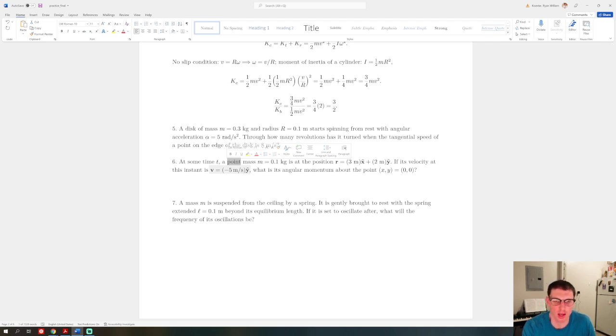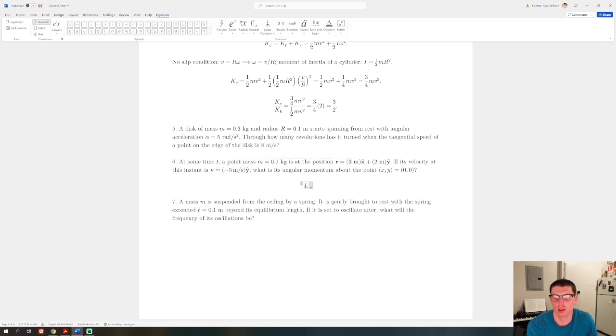It'll just be the orbital angular momentum. So we can say L equals r cross p, or well, r cross mv, right? Which p is just the linear momentum. This is a vector.